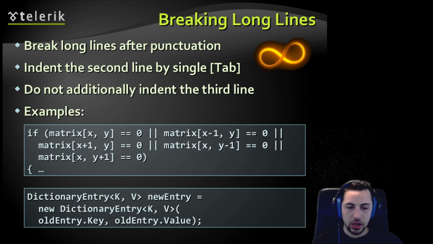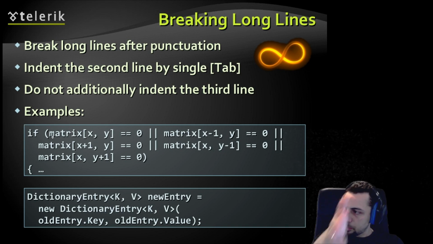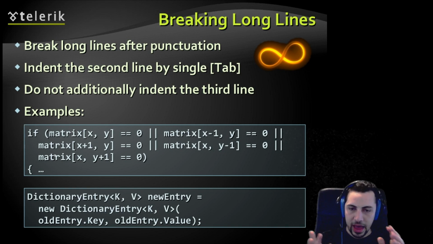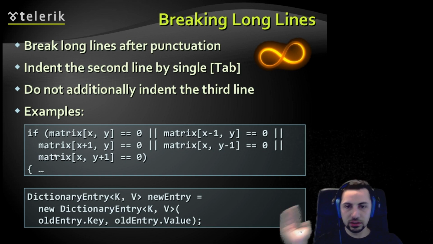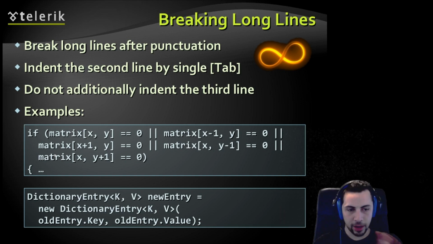A lot of people will tab until they're about at the if, and then space until the m's line up in matrix. That may look nice, but don't do anything special like that. The convention is single tab, okay? That's just the convention.